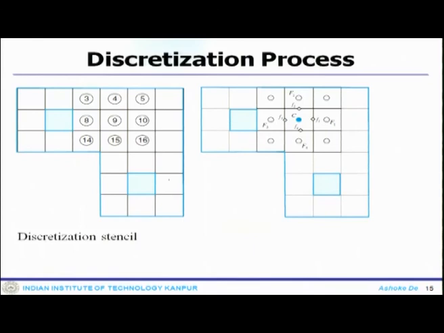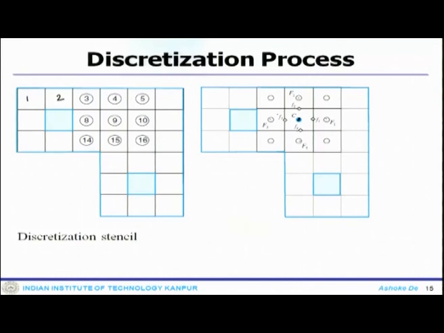Now, when you look at the discretization stencil, this is how you number the elements. Basically, this could be 1, this could be 2, that is how you sequentially number the elements, and once you take an individual element, around that you mark the faces. Not only the faces, what you have to mark is the corresponding neighboring element. These neighboring elements are very important to keep track of.